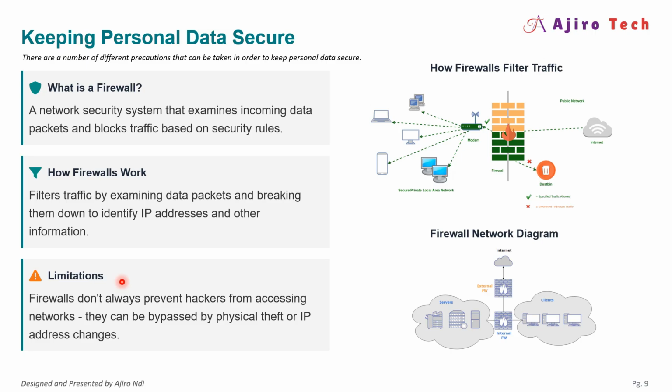So a firewall filters and examines the incoming data, and it also blocks traffic based on the security rules that you have placed on it. Does that make sense?